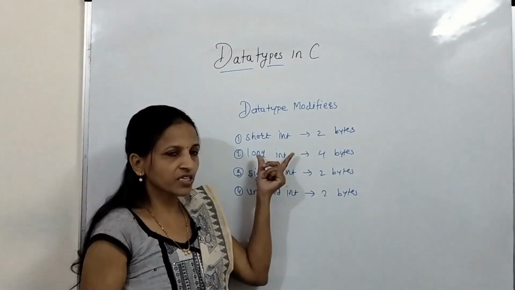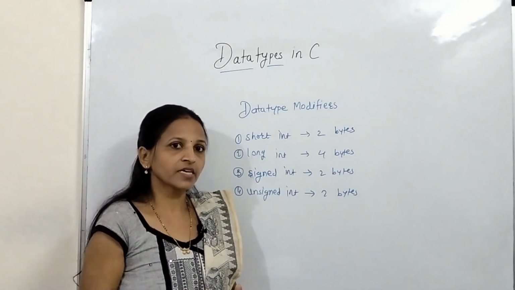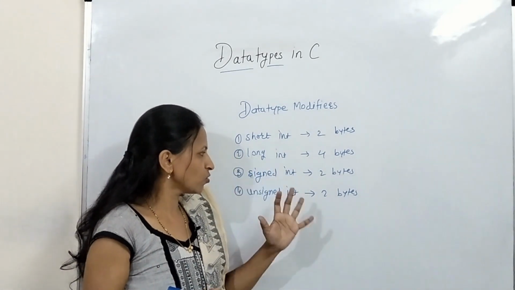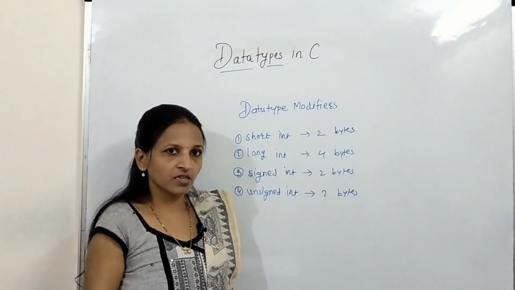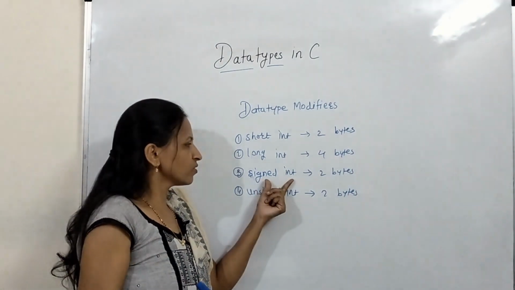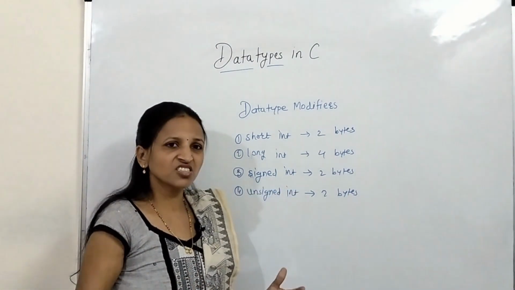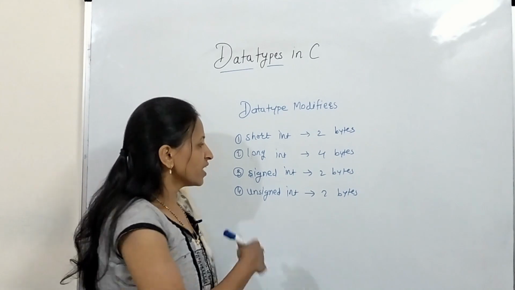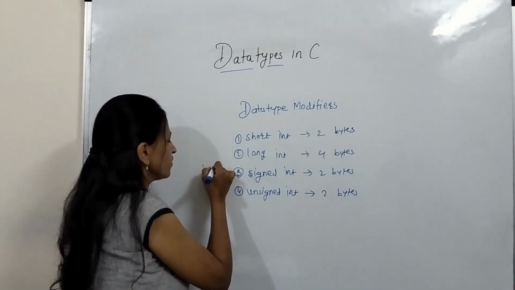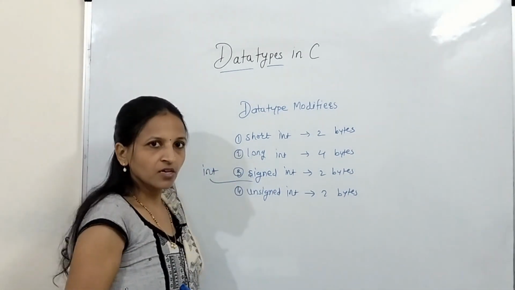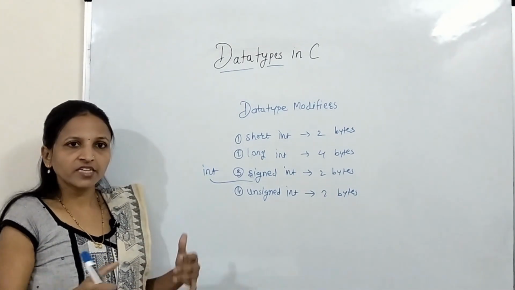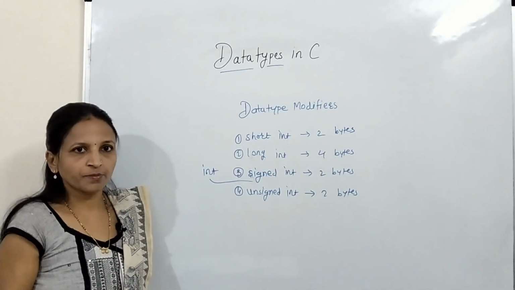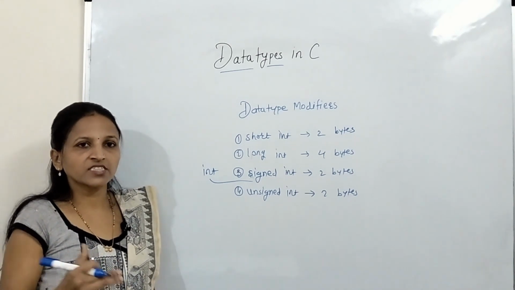Short int and long int are both considered signed integers, meaning signed short and signed long, because both positive as well as negative numbers are allowed. Normally no one writes signed integer this way, because integer and signed integer represent the same thing. If we write any variable of type integer, it can hold positive as well as negative numbers.